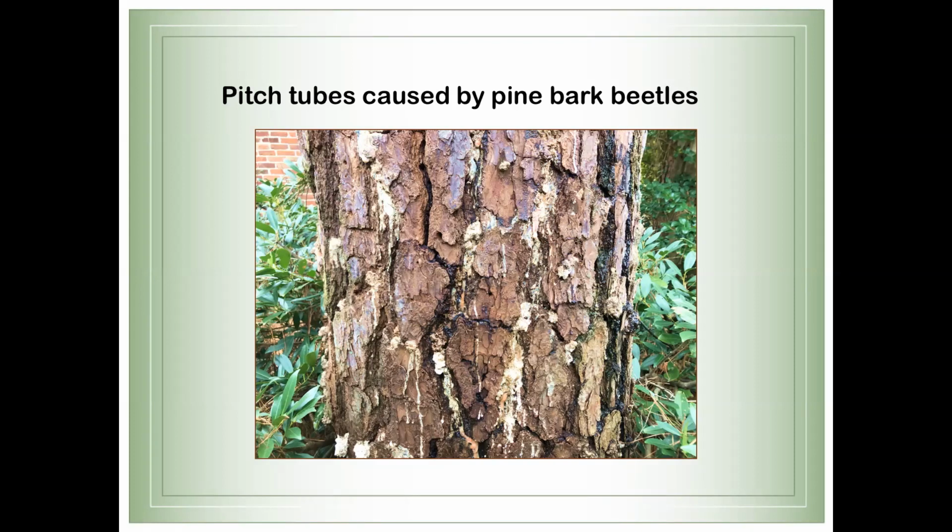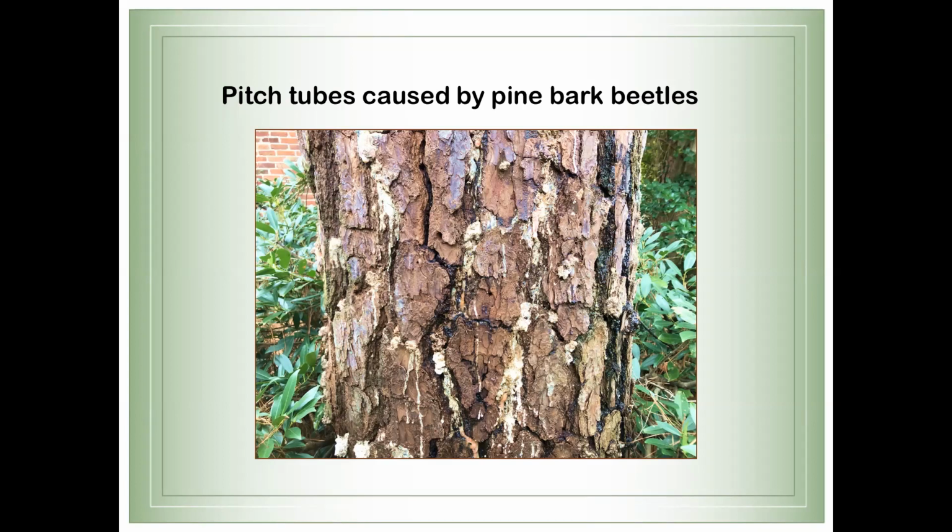Its strategy is to flow resin, sap, out as the beetle drills in, and it tries to drown the beetle. If it's a minor attack, sometimes that's a successful strategy, sometimes it's not. If the pine tree is in drought conditions, it may not have enough moisture to flow the sap out, and it may succumb to the beetles.